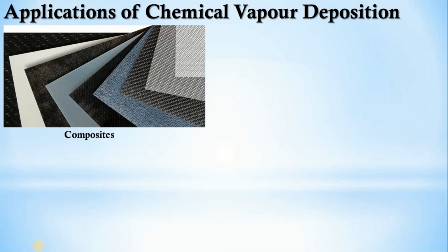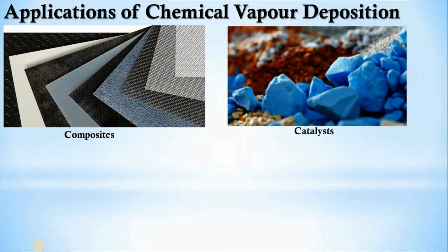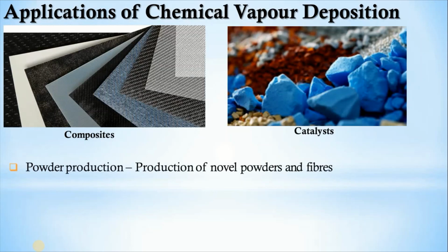This process is sometimes called chemical vapor infiltration or CVI. Then we can use it in catalysts, and in powder production for novel powders and fibers. Also we can use it in nanomachines. So there is a wide range of applications of CVD.